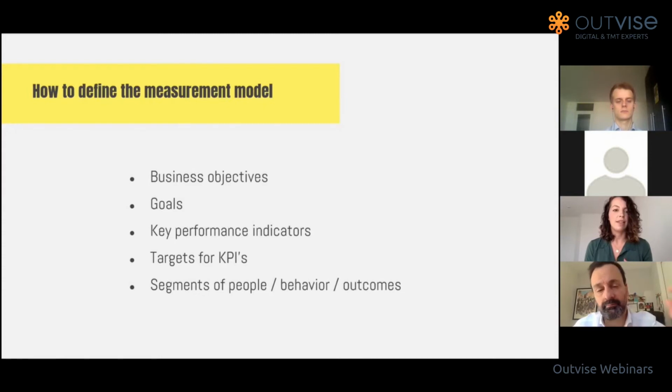And then the most tricky question normally in all businesses is to define targets for those KPIs, because just to know what you want to measure is not enough. You want to understand, okay, what is good for me or what is bad. It's just like an indicator. If I know that I reached today, for example, 100 chat requests, is it good for me or is it bad?